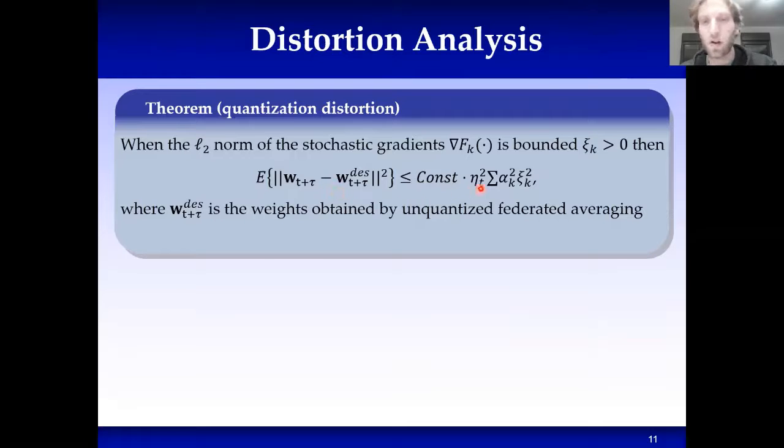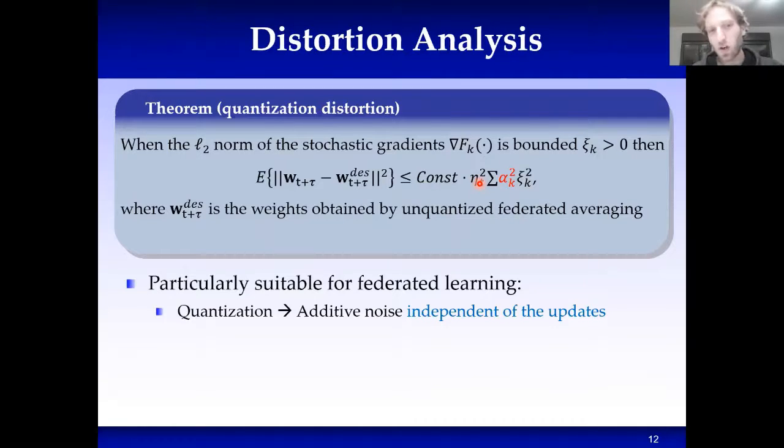This is upper bounded by this term here, where zeta_k is just a bound on the gradients of the objective measure, and eta is the step size. So what do we understand from this expression, which appears to not be that meaningful?